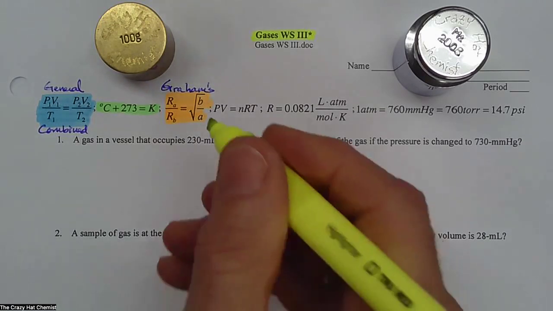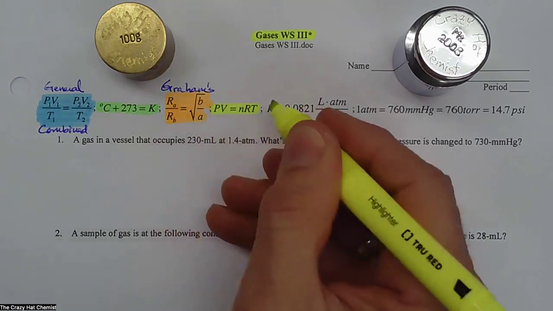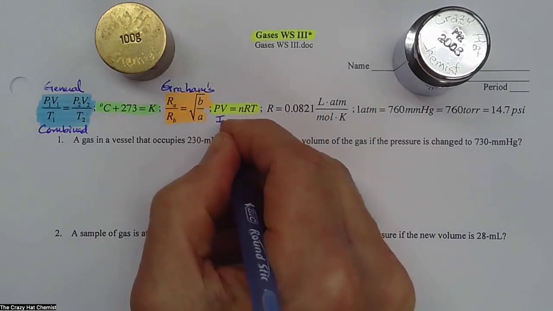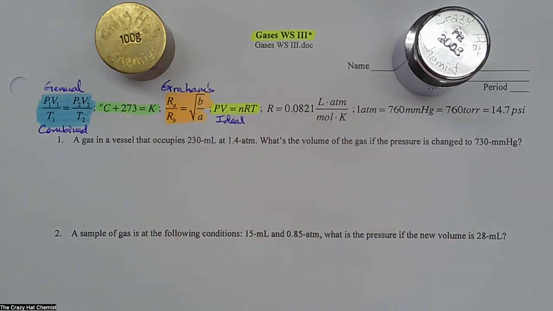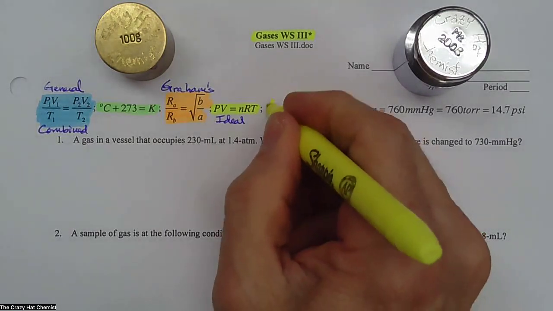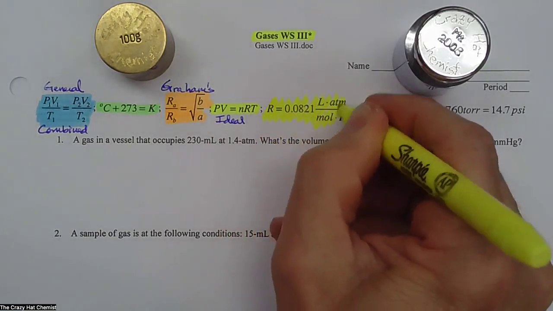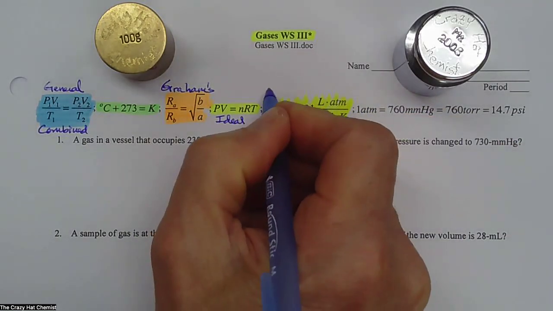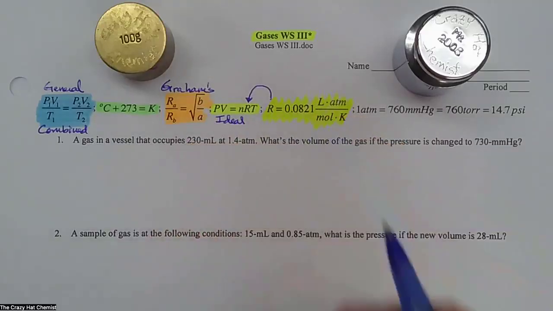Then what we have is PV equals nRT, and that is the ideal gas law. Right now, you are watching the ideal chemistry teacher work out these problems, and I made this worksheet just for you. That's right, folks. And this right here is the gas constant. It gets replaced into the ideal gas law, just like there.